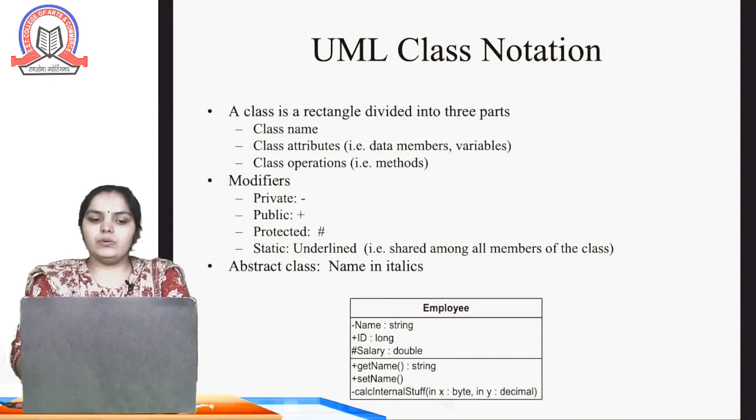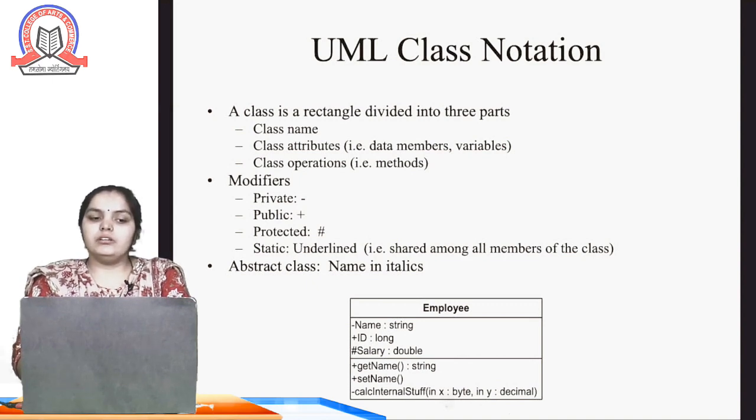The class name is Employee, and after that the details of the employee are there, like name, which is a string, ID, which is a long, and salary, which is a double. These are the types of the variables. In the third part you can enter operations like get name, set name, or calculate. So the three main parts are the class name, the class attributes, and the class operations or methods.